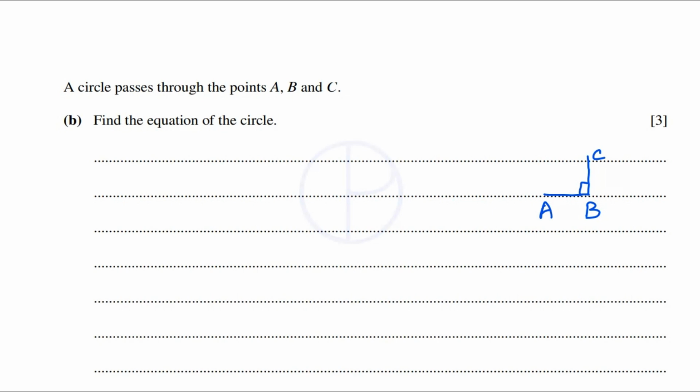If these 3 points lie on a circle, then AC will be the diameter. Okay. Angle in a semicircle is 90 degrees. So ABC lie on a semicircle, because AC is the diameter. Okay. So the midpoint of the diameter will be nothing but the center of the circle. Okay. Let's find the midpoint of AC to get the center of the circle.